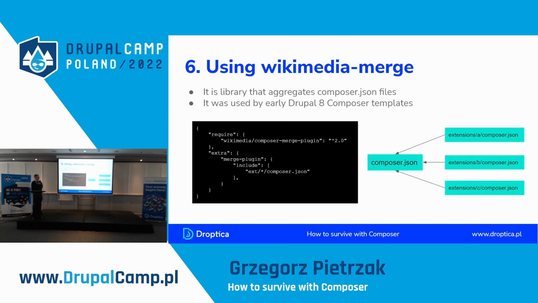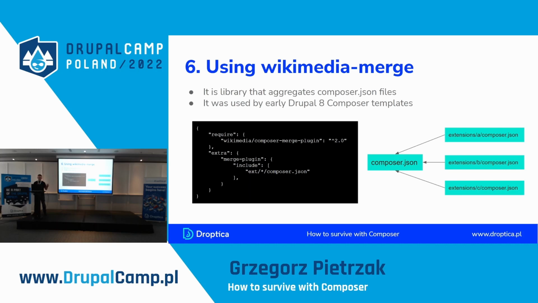Sixth point, it's kind of controversial, but I think that it's right. It's using Wikimedia Merge. I don't know if you know this plugin. It was developed by the Wikimedia company that is maintaining MediaWiki, so the software behind Wikipedia, and they had a lot of problems with integrating Composer into their software, and they invented something like Wikimedia Merge.